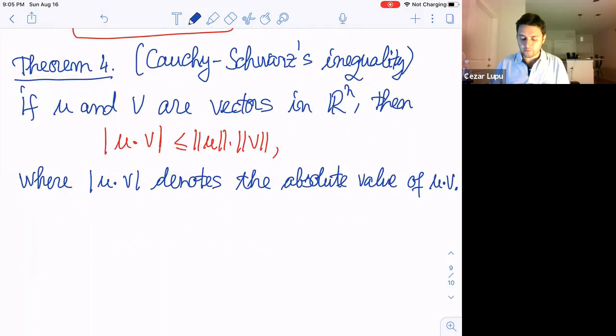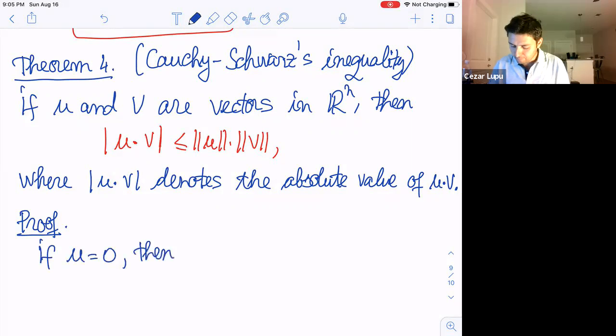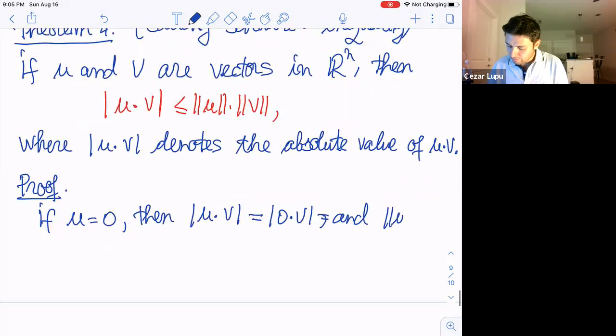Okay, and now let's see the proof of this. The proof is quite nice. Now, if one of the vectors, let's say u, is 0, then u dot v in absolute value is just 0 dot v, and the magnitude of u times the magnitude of v will be just 0 times the magnitude of v, and this will be 0.